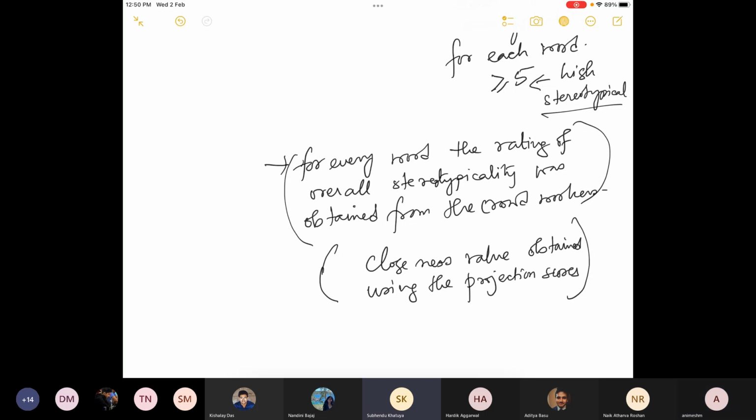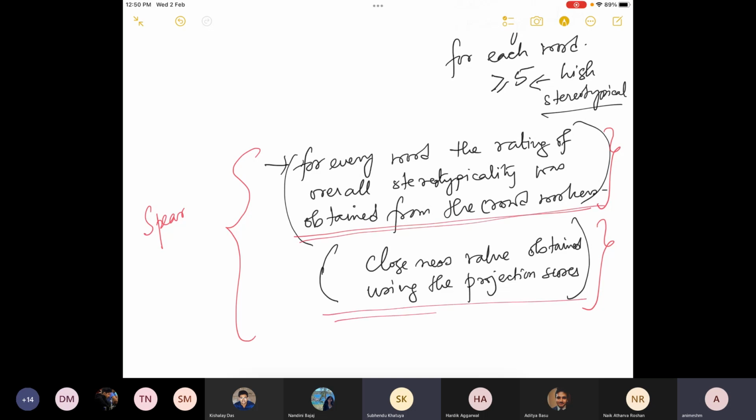Now, with these two things on two sides, the authors went on to a simple Spearman's rank correlation. So you rank the occupation words by ratings, and you also rank the occupation words by projection scores.